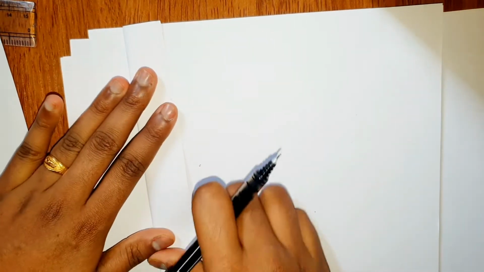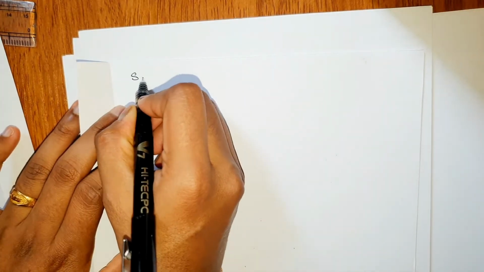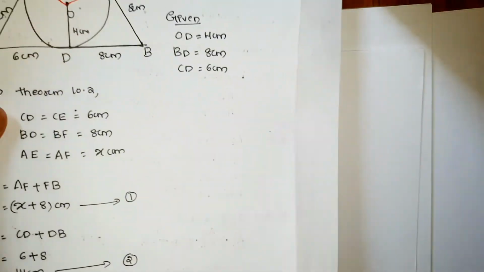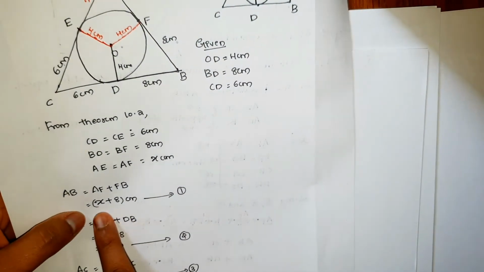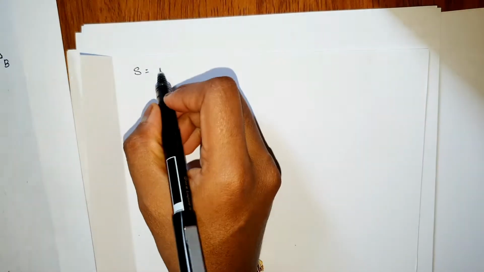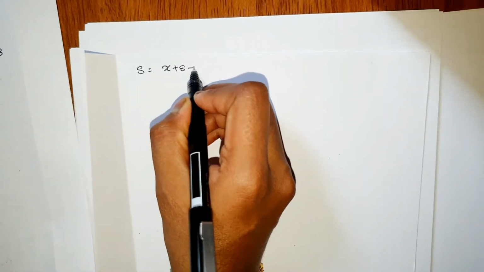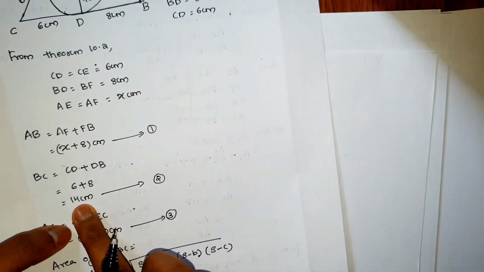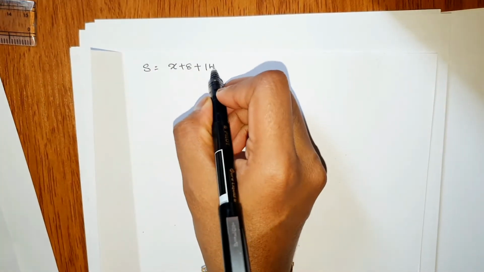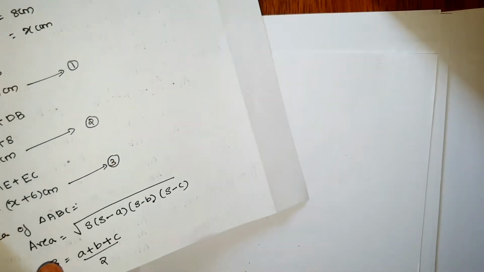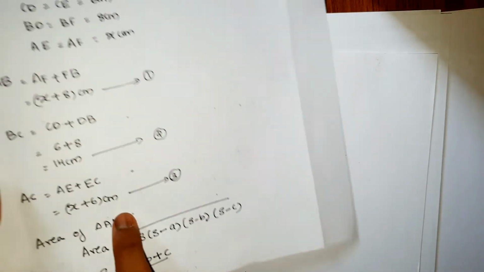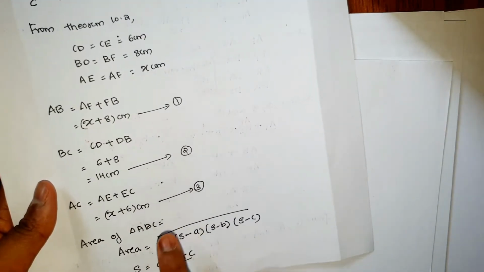So, S is equal to, what is the value of A? First one, x plus 8, plus next is 14, plus next is x plus 6. AC is x plus 6.